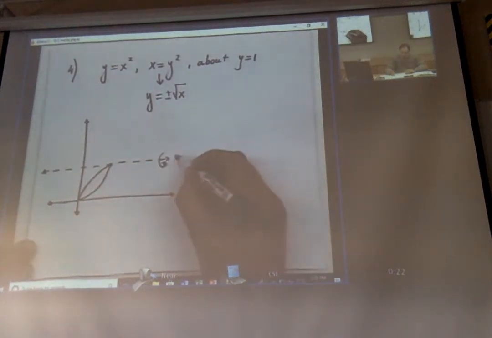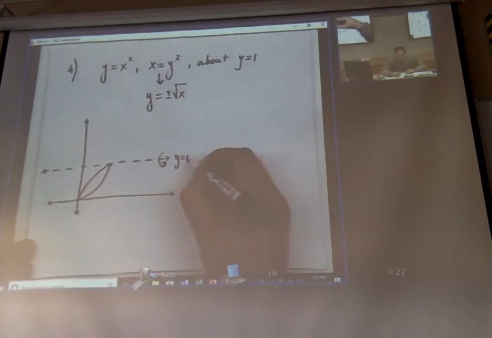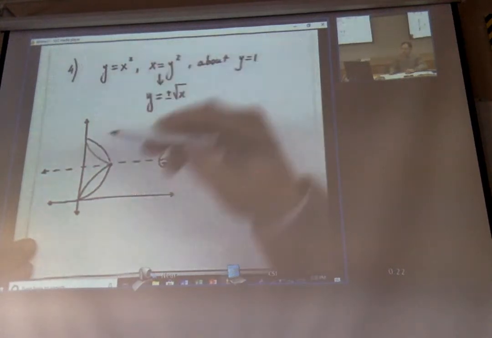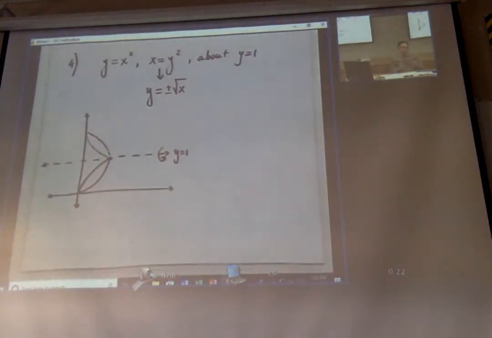It's y equals 1. And as the result, we'll get something like this. You know, it's not a perfect graph, but something like this that we'll create. So kind of this piece. But don't forget, the original piece is right here. And we're only working with it. So any questions about the picture?